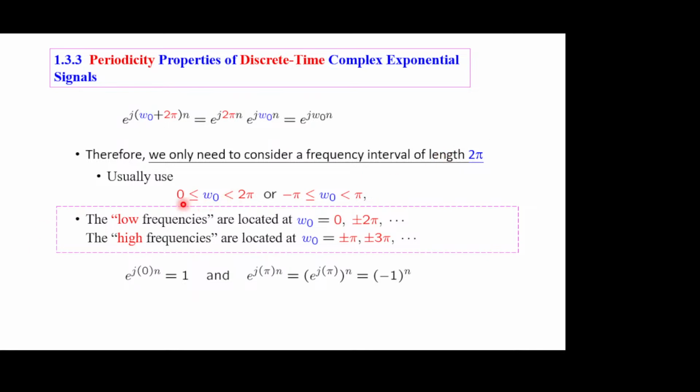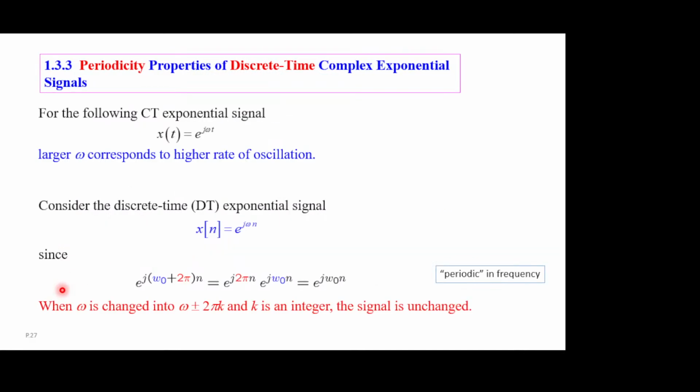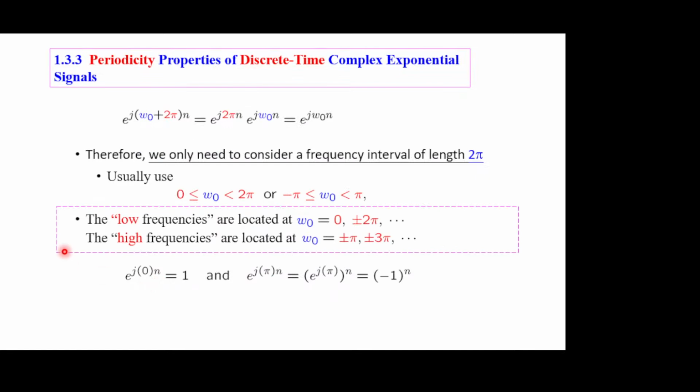Okay? And for an interval of 2 pi, there are two conventions. It's either omega naught from 0 to 2 pi, or from minus pi to pi. And as we said, when we increase omega naught, the signal doesn't oscillate faster, because if we add 2 pi, the signal doesn't change at all.